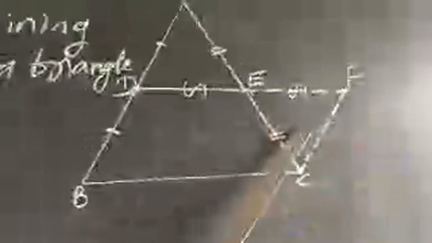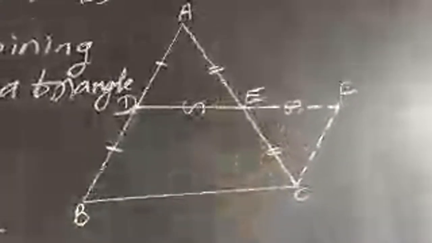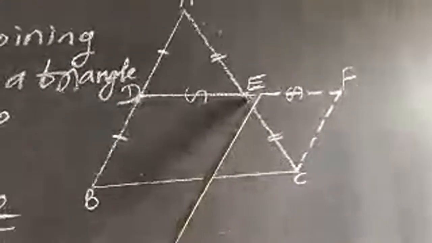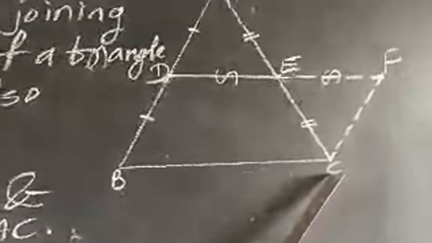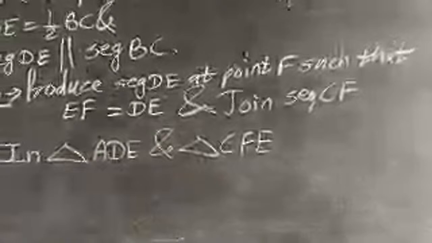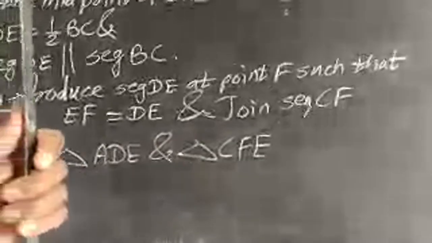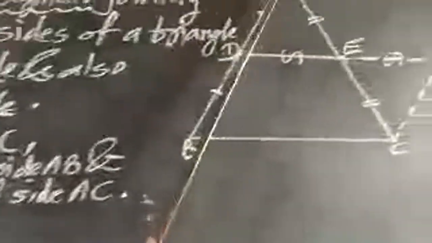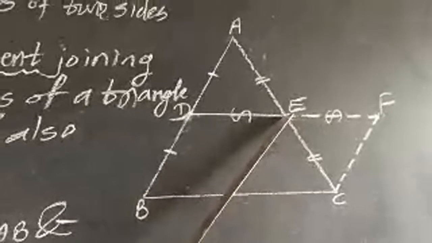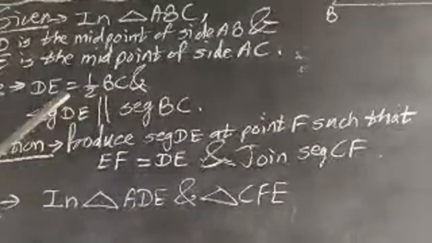A corresponds to C, D corresponds to F, and E to E. Yes, we show these two triangles are congruent. First condition is segment AE congruent to segment EC. Why? Actually it is not directly given. What is given?